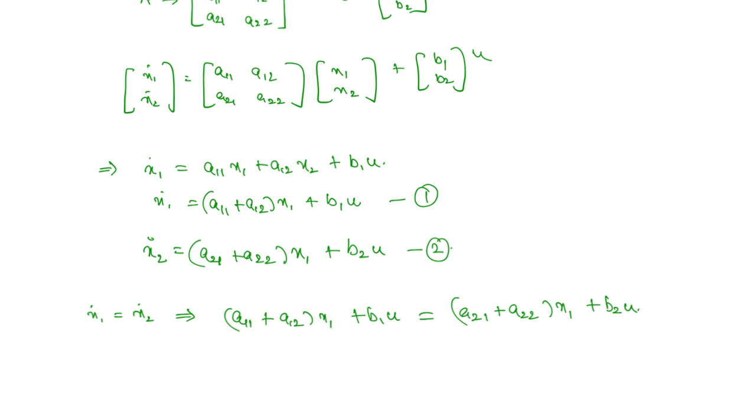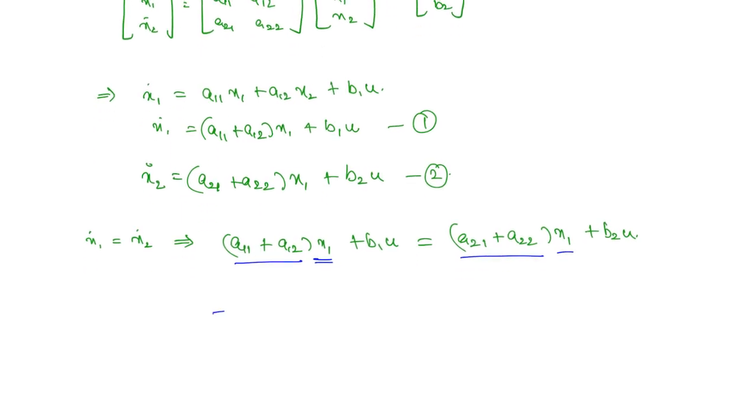If you compare both of these, the x1 coefficient here is A11 plus A12 and there it is A21 plus A22, so the coefficients should be equal: A11 plus A12 is equal to A21 plus A22. Similarly, the coefficients of u will also be the same, so B1 will be equal to B2. These are the pieces of information that we need. Let us call them equations 3 and 4.